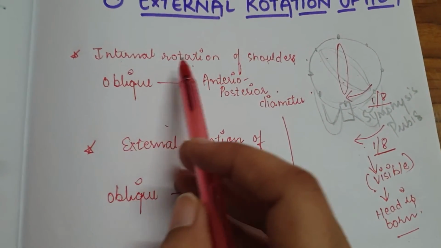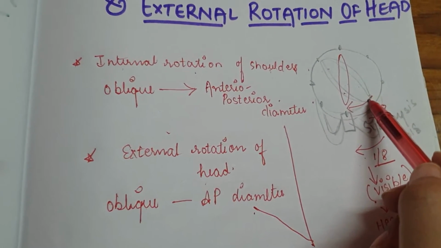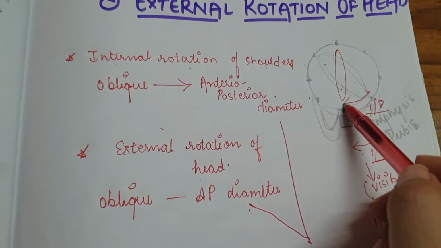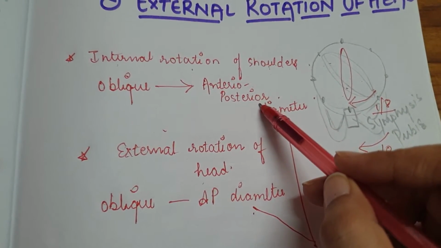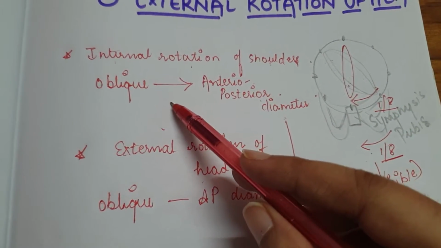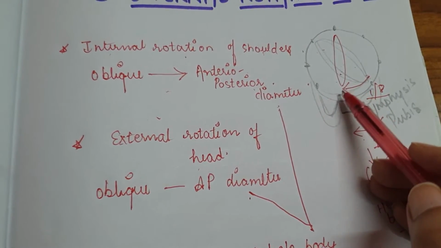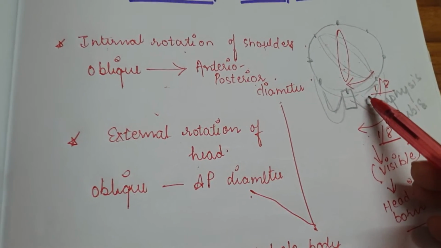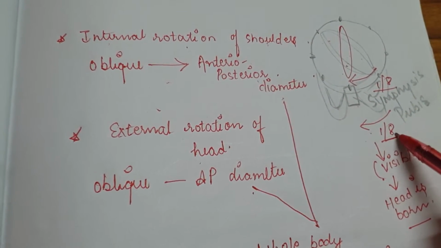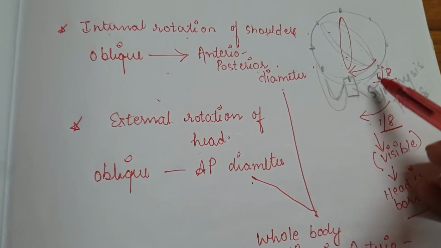So, in the internal rotation the shoulders rotate by 1/8 of the circle and come in the anterior posterior diameter from the oblique diameter. So, when there is an internal rotation of the shoulders, simultaneously there is an external rotation of the head. The head is also rotated by 1/8.